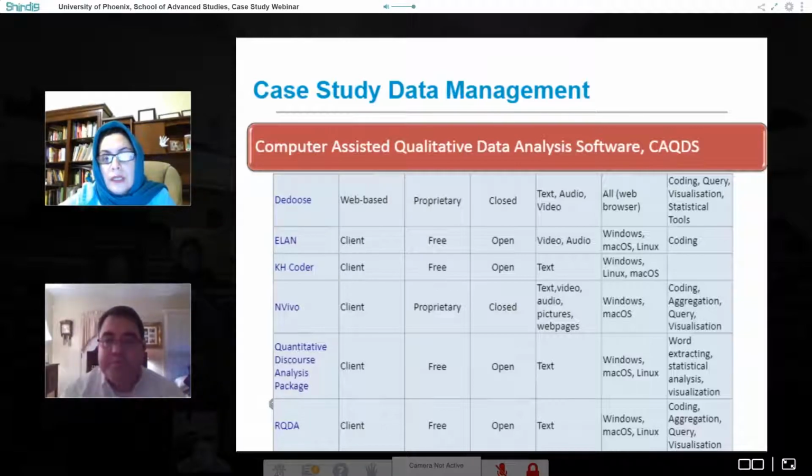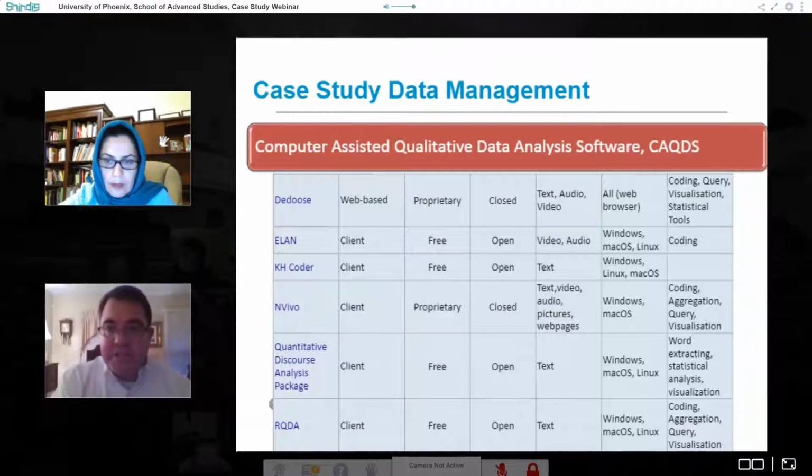There are some others that are free that you may explore, but if you have access to NVivo, the recommendation is to go with NVivo. I just wanted to list the ones that are available here. The first one, Dedoose, is web-based, so you can just use it online. You don't need to download it. That's an advantage as well. So yes, we really recommend you use this; NVivo in particular can help you a lot.